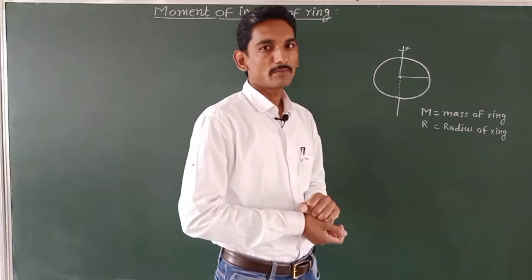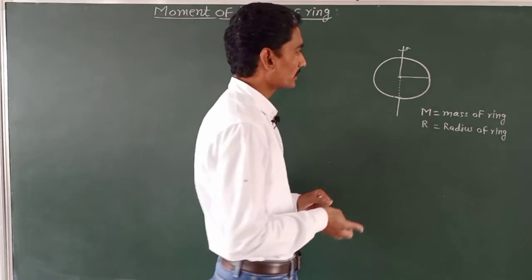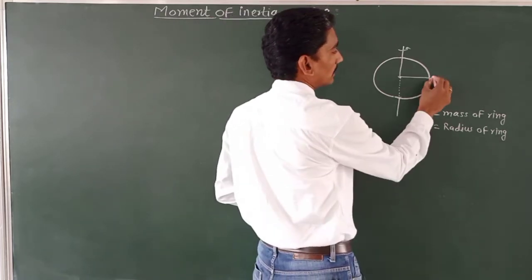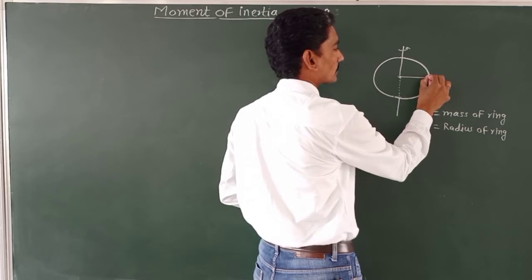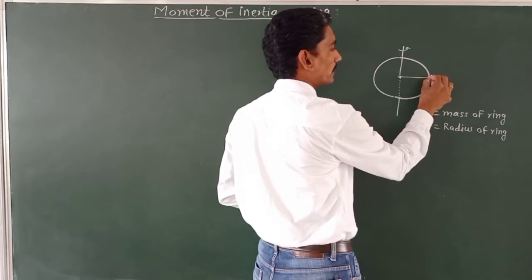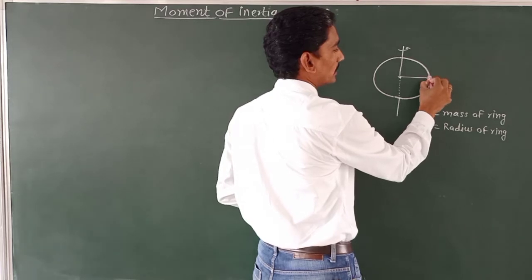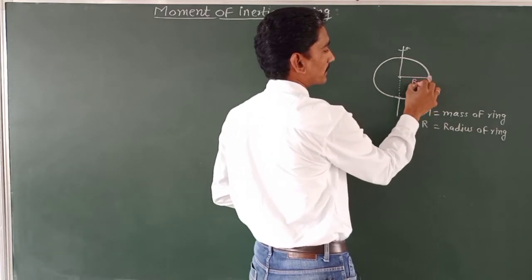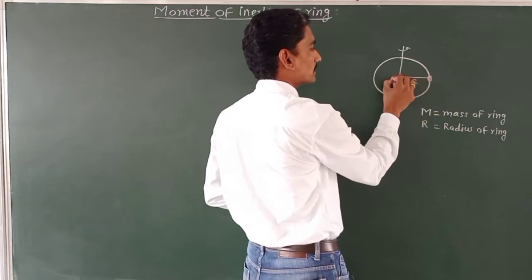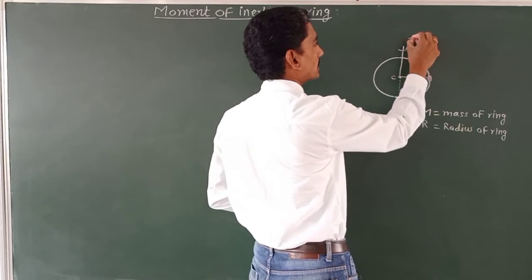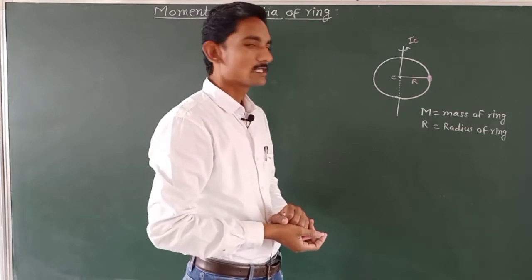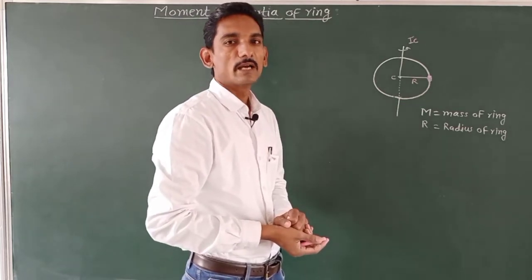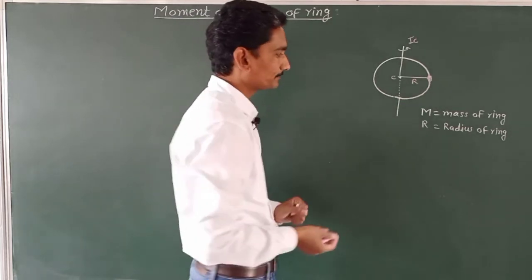Now, how can we determine the moment of inertia? For that purpose we have to consider a very small element of this ring, which is at distance capital R from the center. This is for the moment of inertia of the ring about an axis passing through the center and perpendicular to the plane.